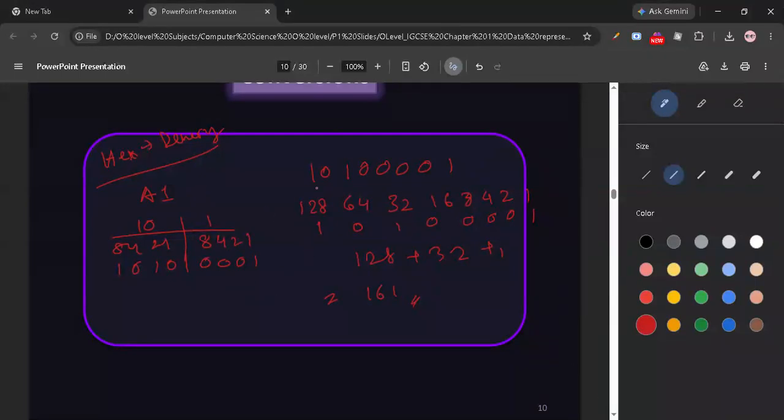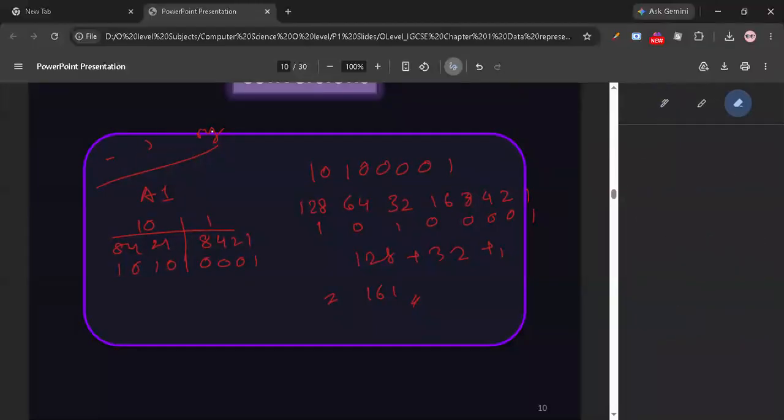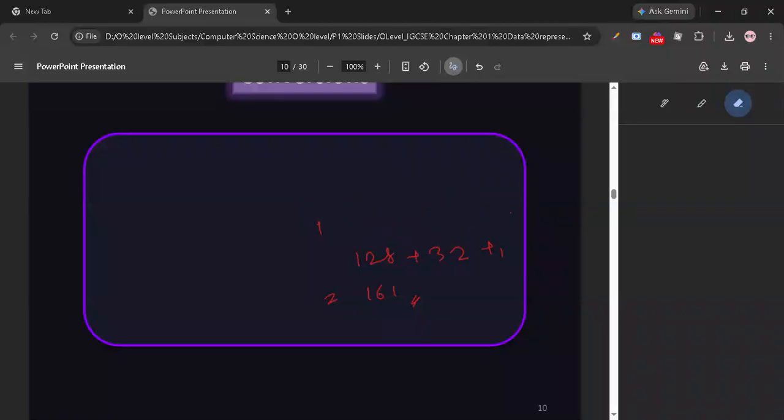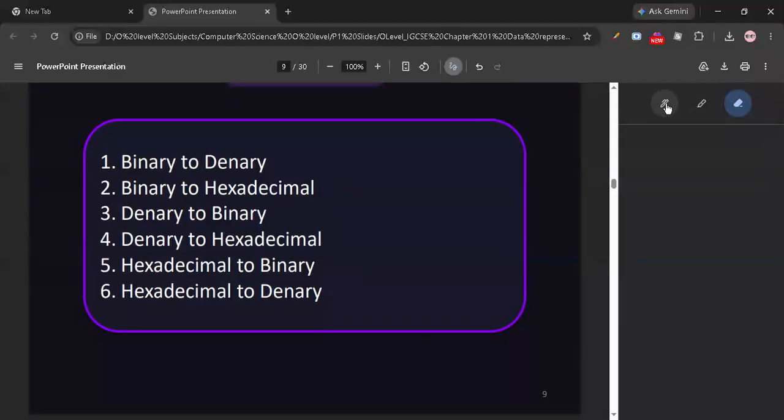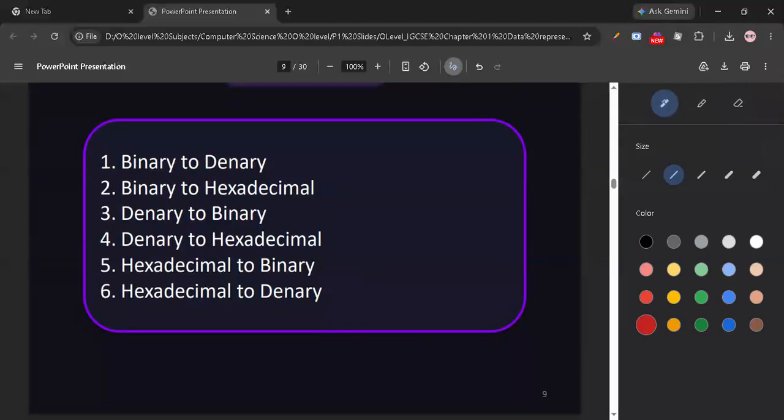Next we have the last one. Let me check it out. Over here we have done everything: hexadecimal to denary, and hexadecimal to binary.